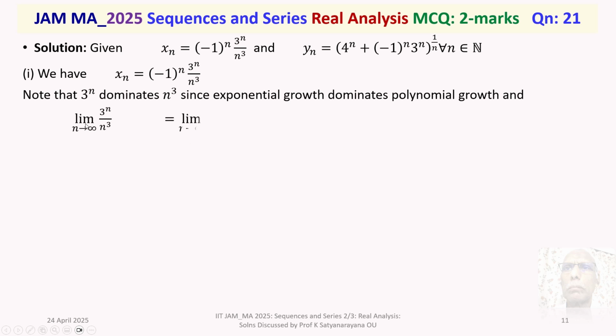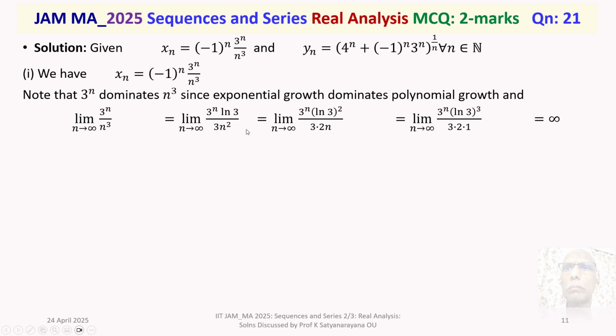Therefore, the limit as n tends to infinity of 3^n by n^3 is of the infinity by infinity form. We use L'Hopital's rule, that is, the derivative of the numerator 3^n times ln 3, and the derivative of the denominator 3n^2.